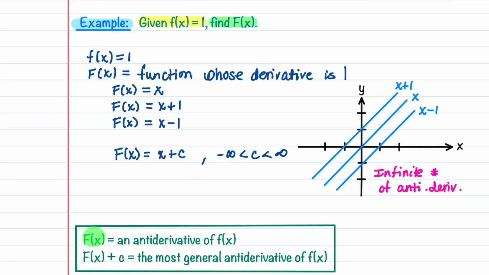Capital F of x without a constant or with a particular constant is called an antiderivative of little f of x. And then capital F of x plus c is called the most general antiderivative of little f of x.